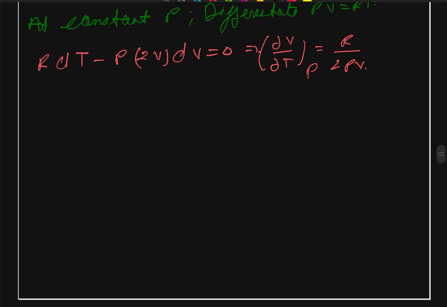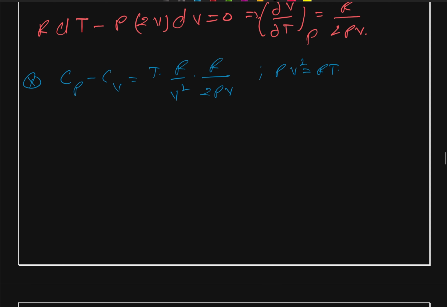Therefore, we can say that our Cp minus Cv will be equal to T, and this is R upon V square, multiplied by R upon twice PV, and we are given that our PV square is equal to R times T. Therefore, in the denominator we can replace this PV.